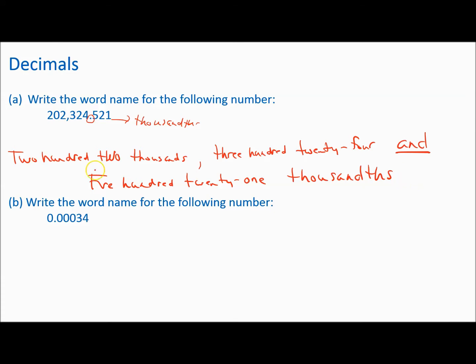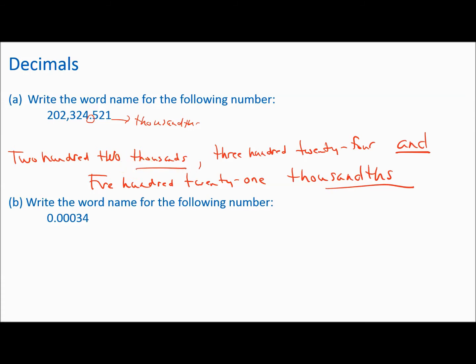Okay, so 202 thousand, 324, and 521 thousandths. Okay, so again, notice the thousandths compared to the thousands is different.